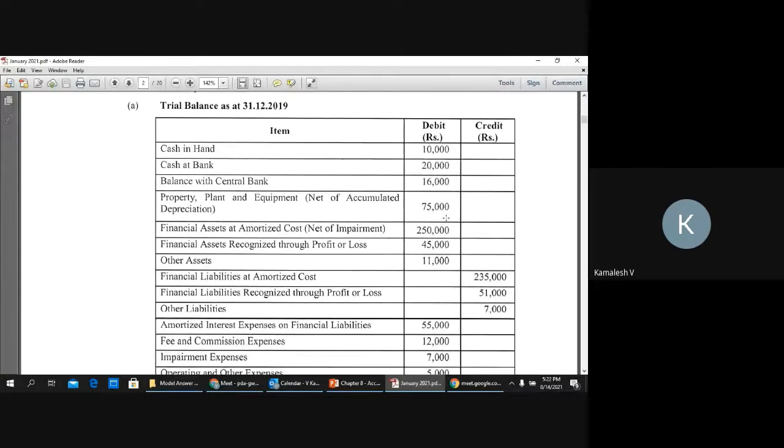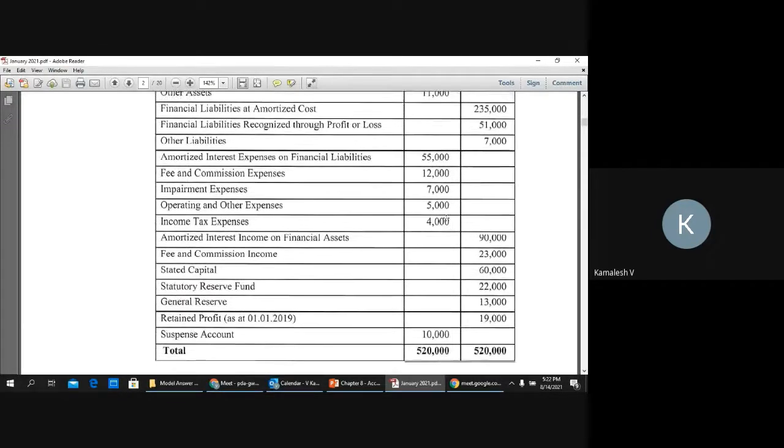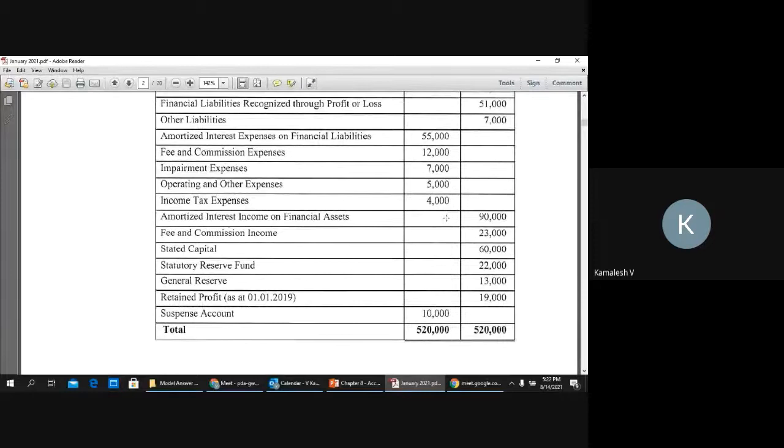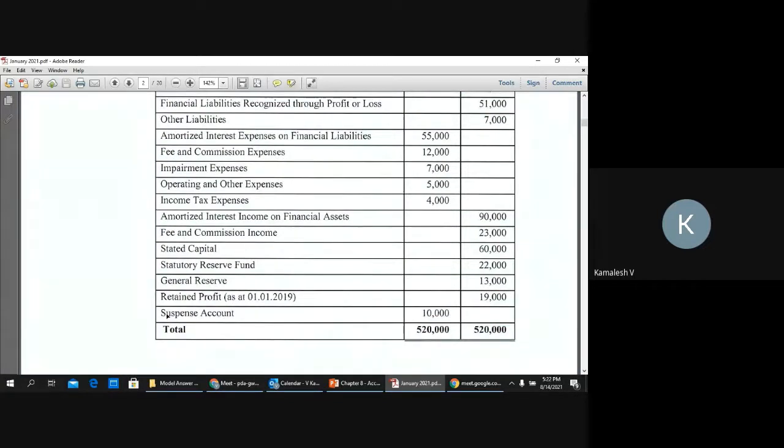Now when you go down, you will see something very interesting. You have something called the suspense account. Do you see this here? Can you see this suspense account? Their trial balance does not balance.